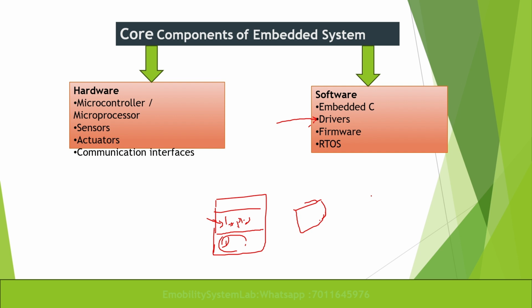Processor and peripherals will communicate when there is a driver. Without a driver, they will not communicate, and your application logics will not work. Because some linkers don't have that much adaptability, to adapt the peripheral with our system, like laptop or monitors.